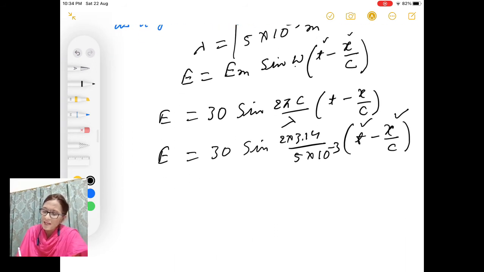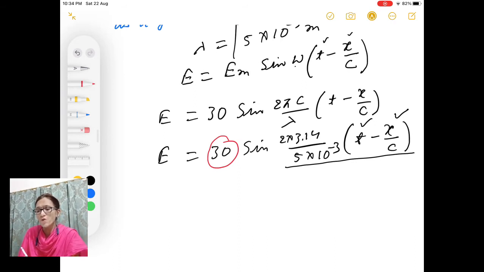So for writing the magnetic field in an EM radiation, it is for sure that the phase of the electric field and the phase of the magnetic field will be the same. So the only thing which is varying is this E amplitude, and this B amplitude we need to find first of all using this equation of the velocity of light.